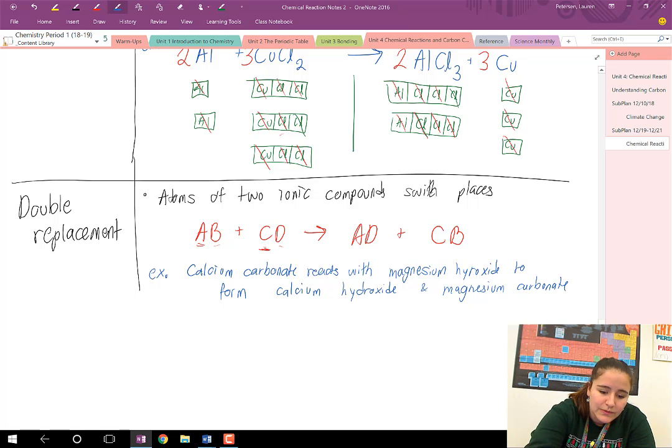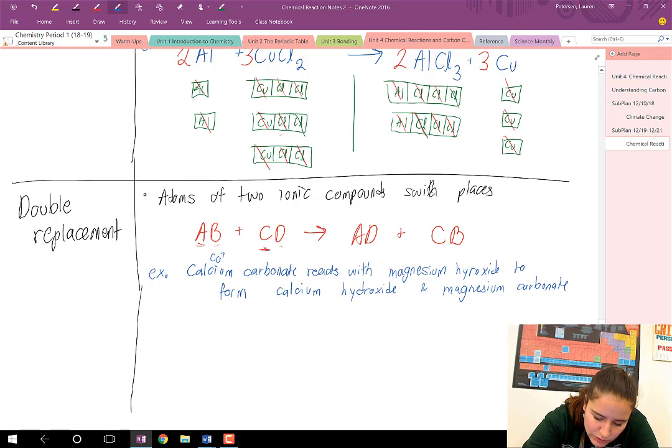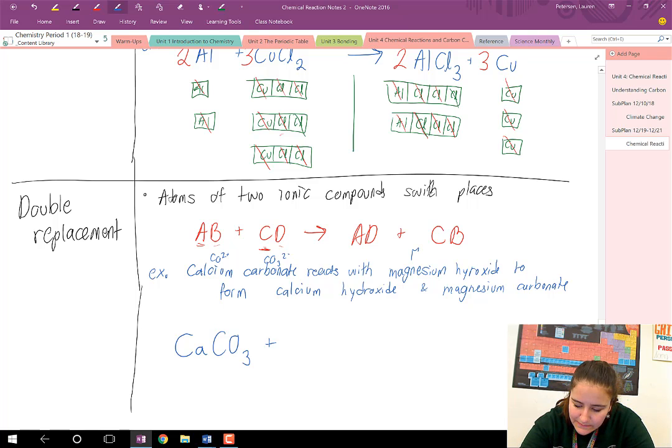Okay, so now we just need to figure out the formulas of all of these things. Okay, so calcium is Ca2+. Carbonate is one of those polyatomics, CO3 2-. So calcium carbonate is CaCO3. And it's going to react with magnesium, which is a 2+.